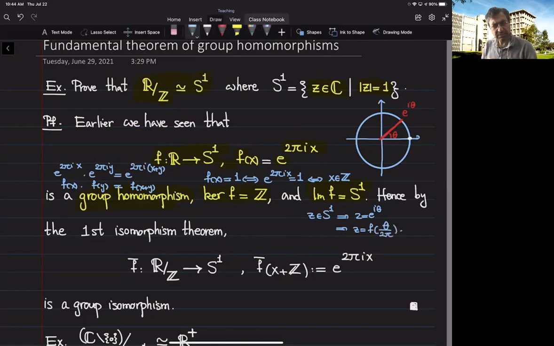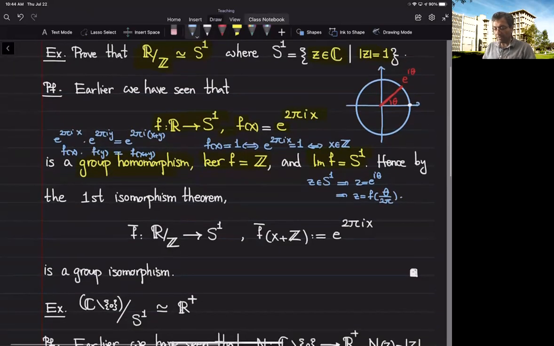These things we had discussed earlier, but I wanted to make sure that we know how to prove all these three properties. Now that I understand the kernel of f and the image of f, I can apply the first isomorphism theorem. By the first isomorphism theorem, I know that R over the kernel of f is isomorphic to the image of f.